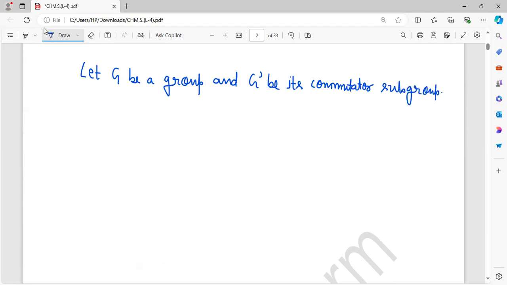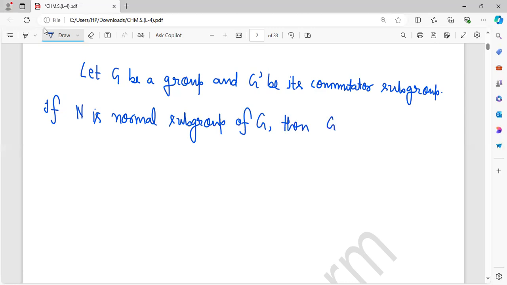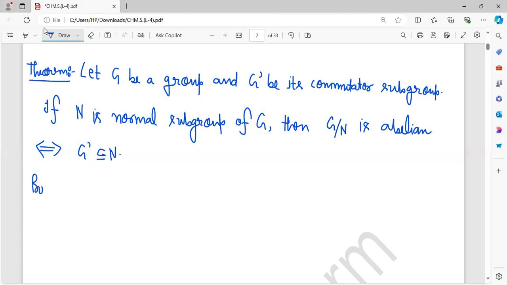If N is a normal subgroup of G, then G quotient N is abelian if and only if the commutator subgroup of G is contained in N. It means G' is a subset of N. So this is actually a theorem, and we are going to prove it.